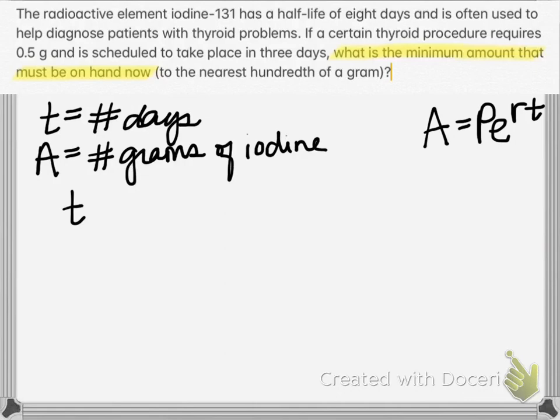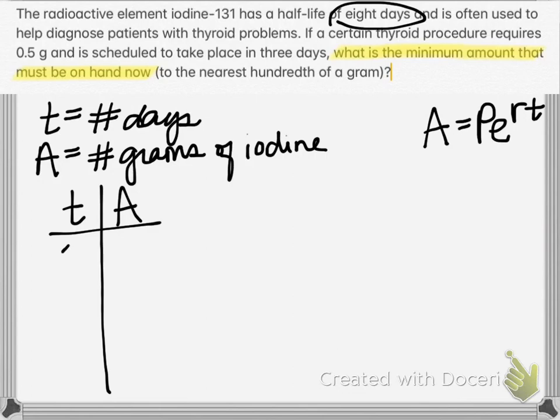And I like to organize the information in a table or a T-chart. So it says that the radioactive element iodine-131 has a half-life of 8 days. So it's going to take 8 days for the amount of iodine to decay to half of what we previously had.